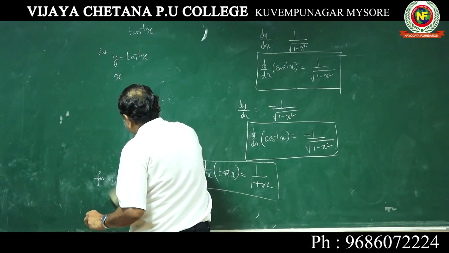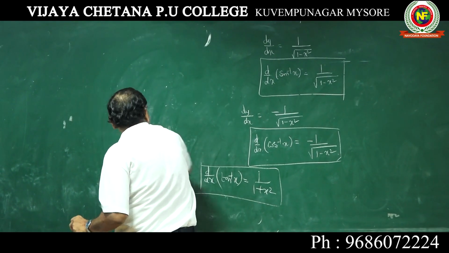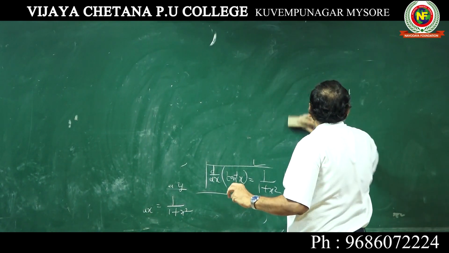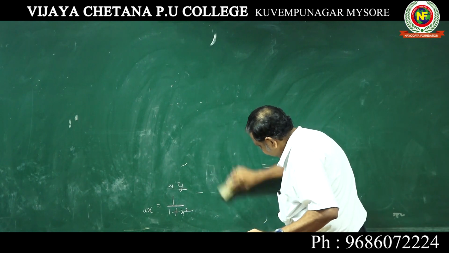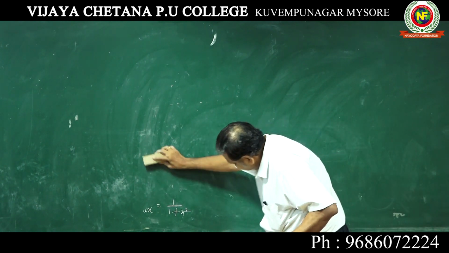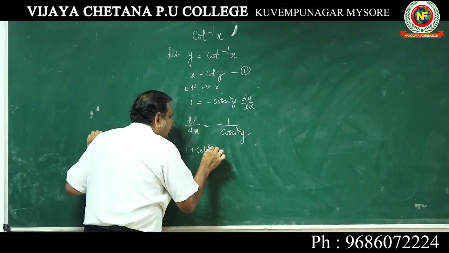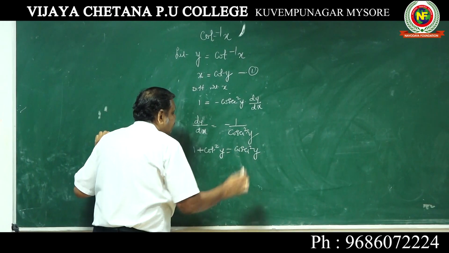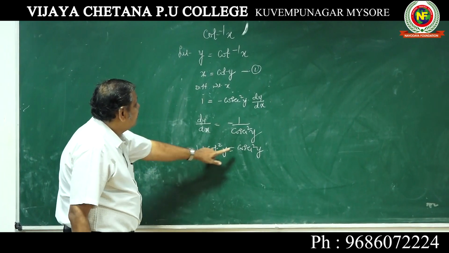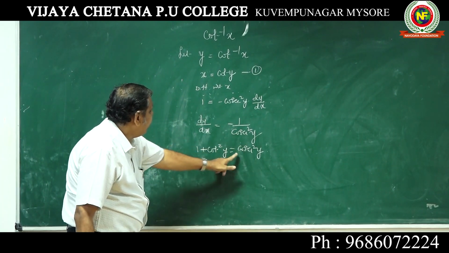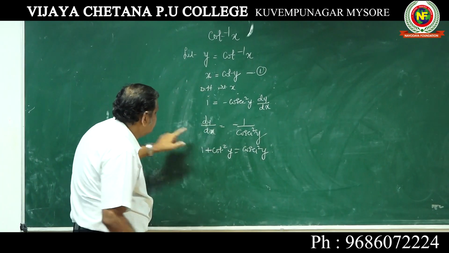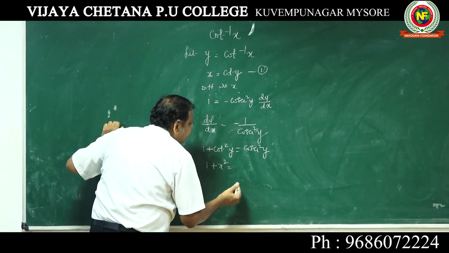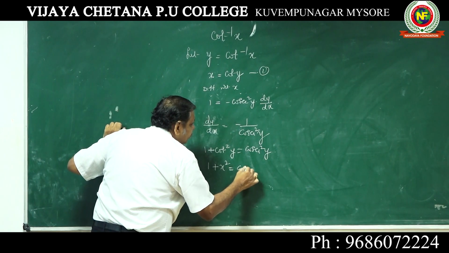Now we should take the differentiation of cot inverse x. 1 plus cot square y is equal to cosecant square y. Here it is cosecant square y you want, and cot y is x. So 1 plus x square is equal to cosecant square y.